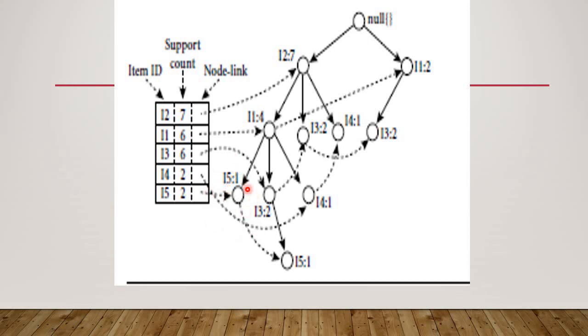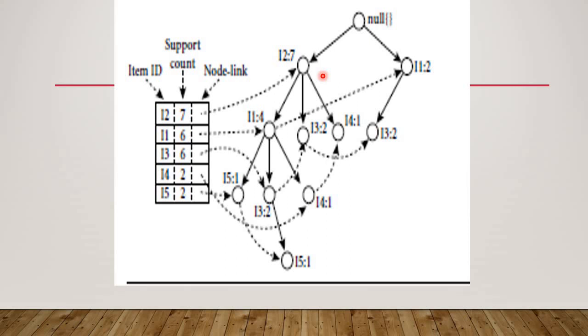The bottommost node will be marked as beta, as referred in the algorithm, and I can combine it with the sub path, that is the path which is present above beta, and I can consider that path only if its support is more than or equal to the minimum support that is provided to the algorithm.